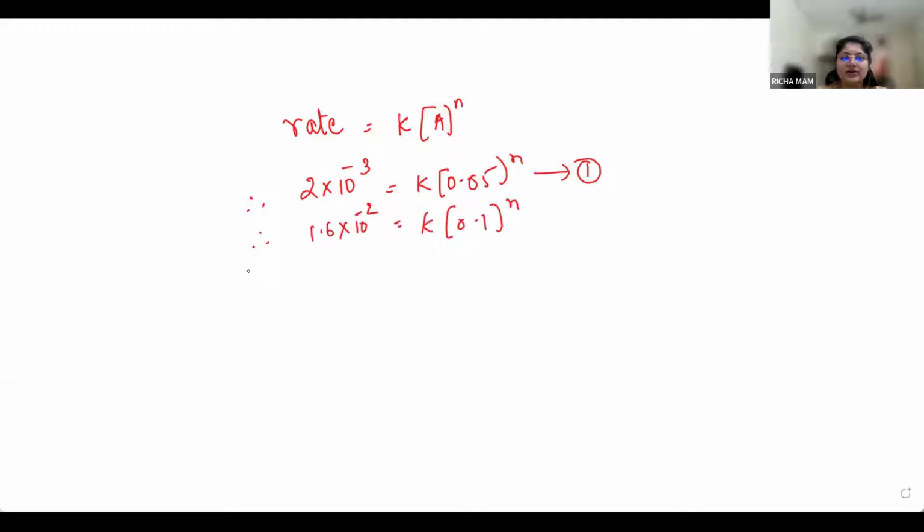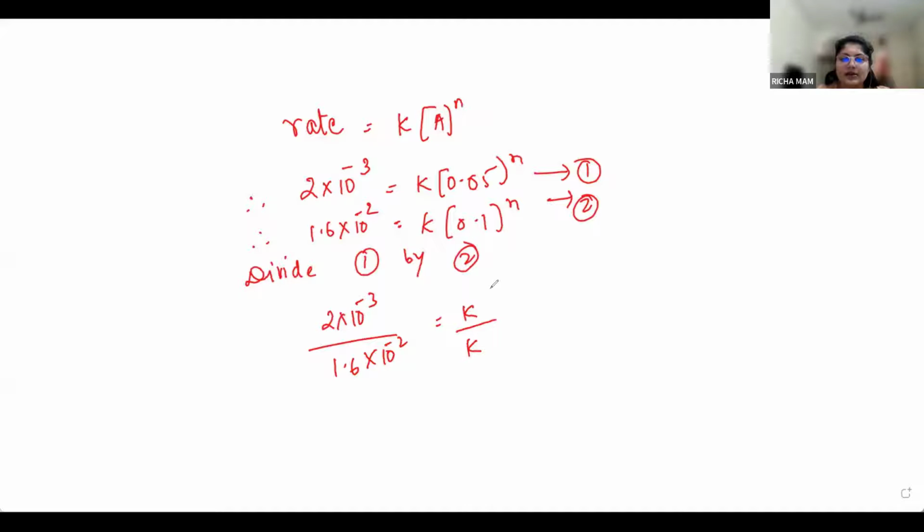Now what we did, we divided 1 by 2. So what we got: 2 into 10 raised to minus 3 divided by 1.6 into 10 raised to minus 2 is equal to k by k, 0.05 raised to n upon 0.1 raised to n. So k and k cancel.